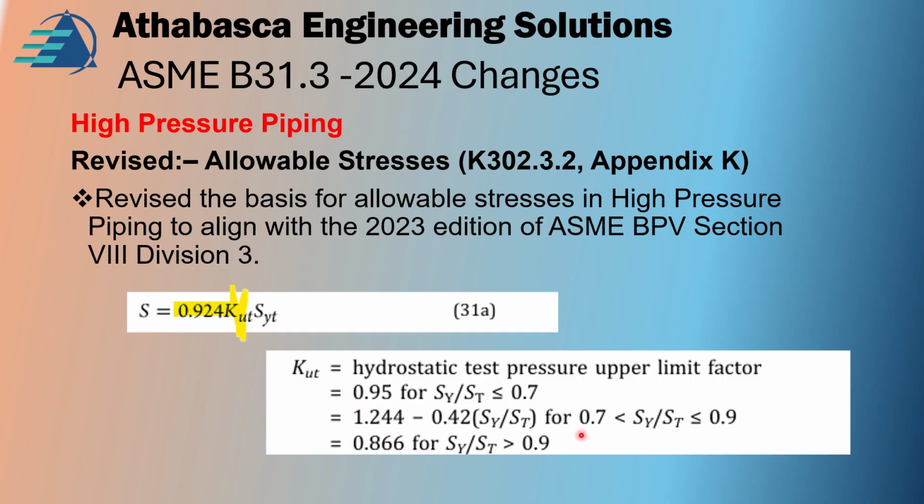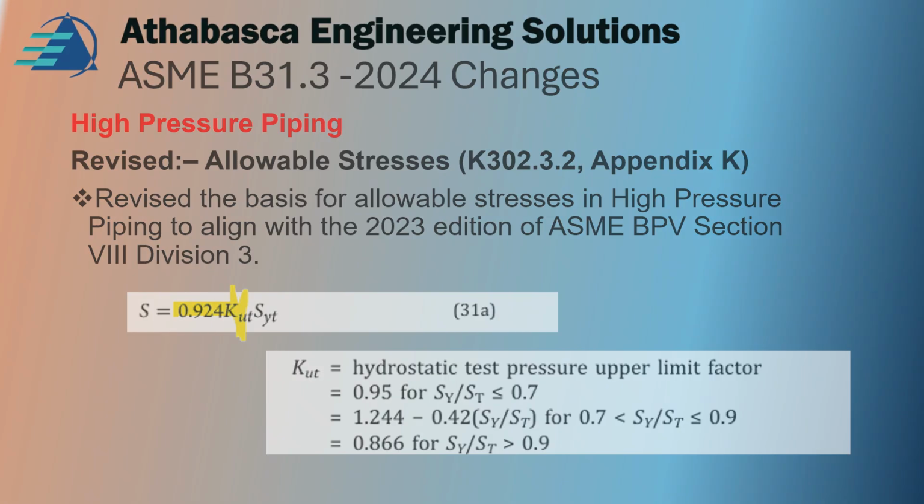Now, if you take that same stress ratio and you're in between 0.7 and equal or less than 0.9, then you would follow this equation here, a little bit more complicated, and you would get the KUT value. And then the final one is 0.866 for SY over ST, which is greater than 0.9.